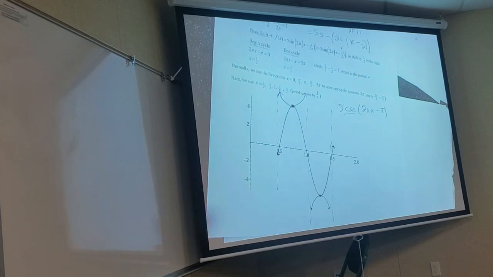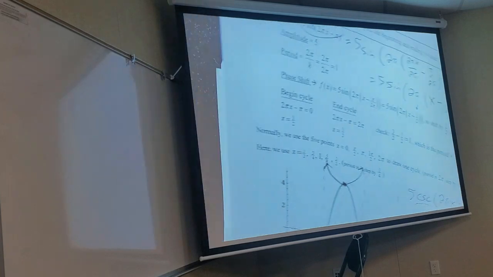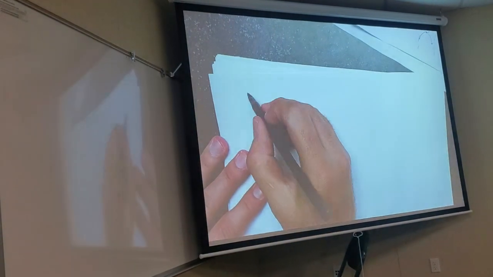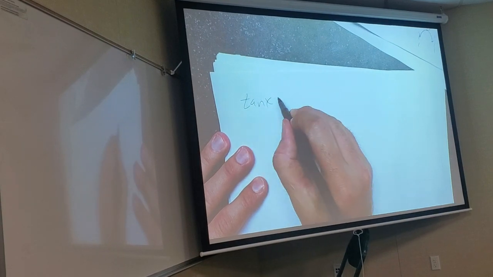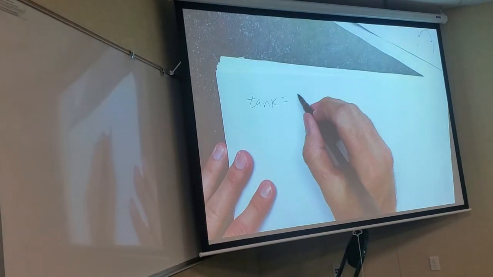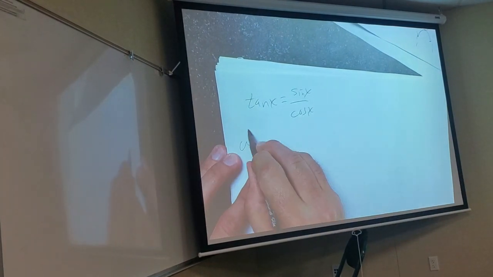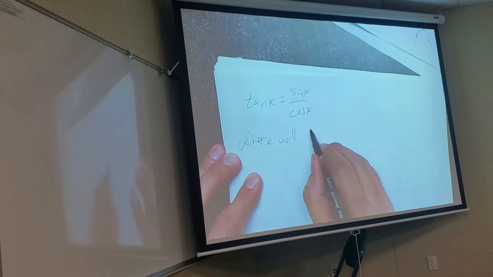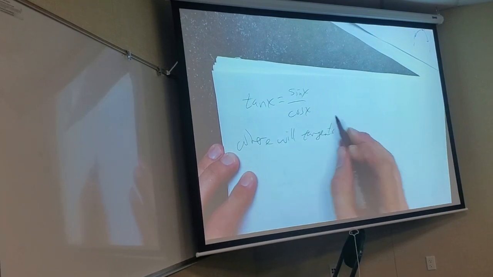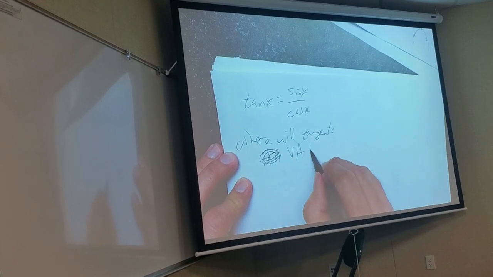So the one thing we haven't looked at yet is tangent and cotangent. So let's look at tangent. What's one of the basic definitions of tangent in terms of other trig functions? Sine over cosine. I love it. So where will the vertical asymptotes be?